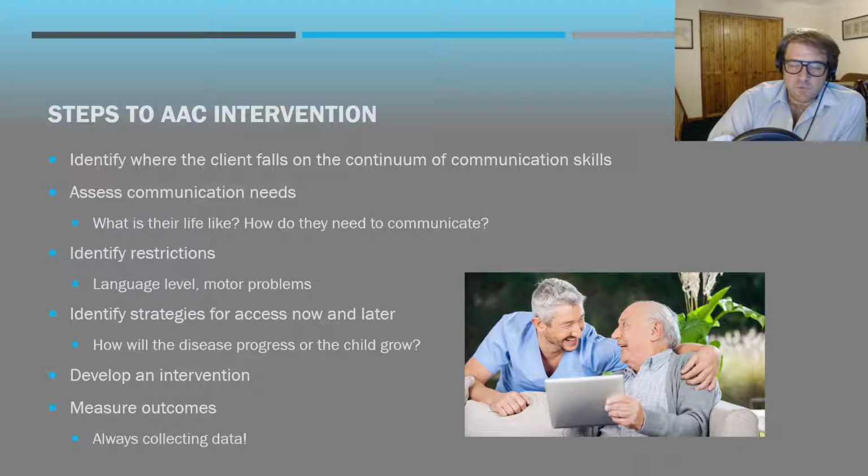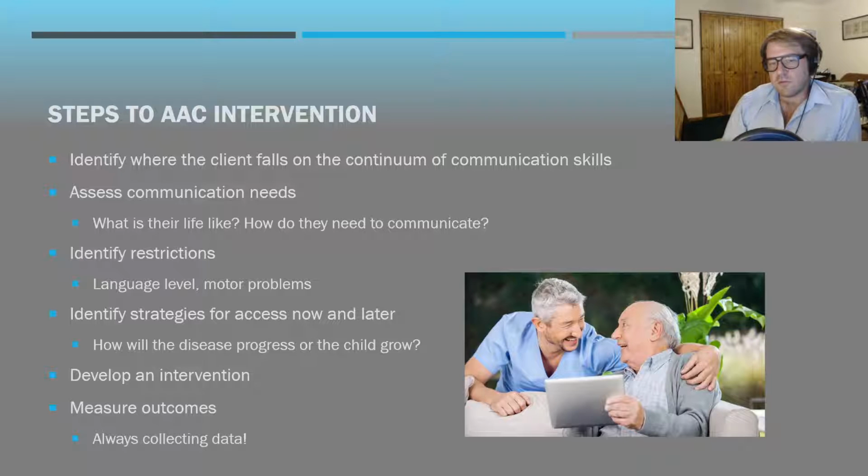If, however, we're talking about somebody with a degenerative disease, multiple sclerosis, cerebral palsy, something like that, right now maybe they can use a communication board of their own that they can tap on. But that's not sustainable. So you need to be planning ahead for the future.